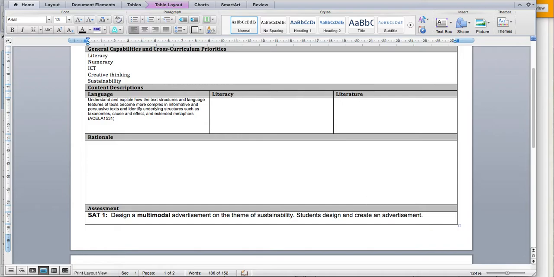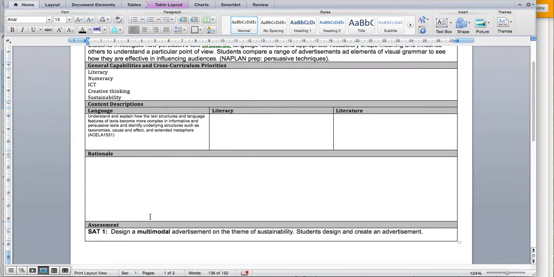Students design and create an advertisement. So that gives me enough of an idea of what I need to do in the unit to get students at a point where they're able to complete that assessment piece. And one other point to make is that if this unit was, say, 5 weeks, at the end of those 5 weeks, students should be submitting their assignment. Okay, so it includes time to produce that assignment.